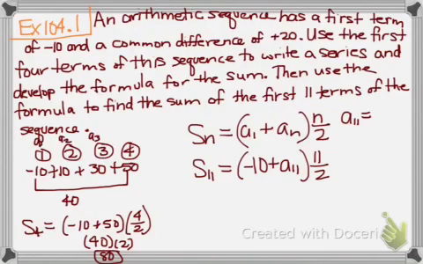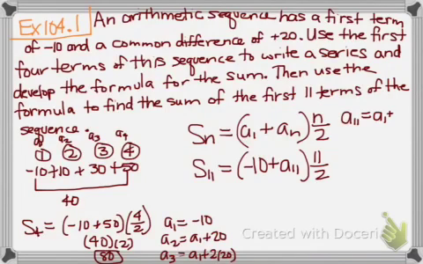In order to do that, we're going to go back to a previous lesson. As a reminder, our first term, a sub 1, is negative 10, a sub 2 is positive 10, the next term is positive 30, and a sub 4 is positive 50. So if a sub 1 is negative 10, a sub 2 is negative 10 plus 20, and a sub 3 is a sub 1 plus 2 times 20.